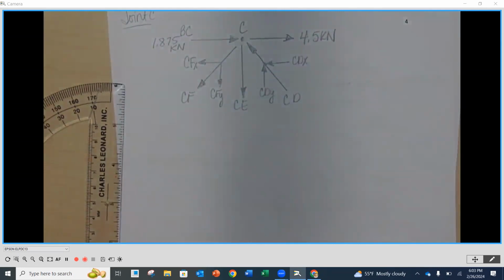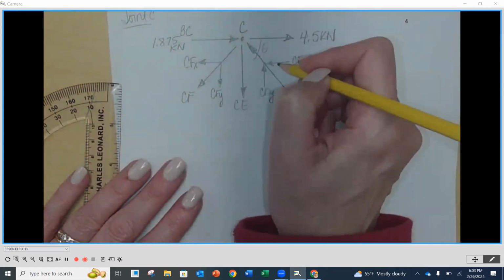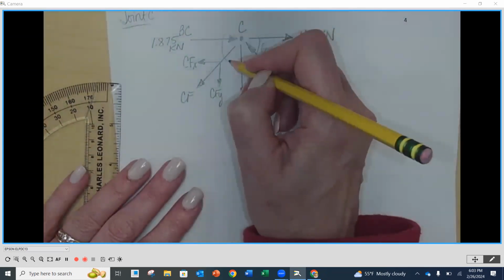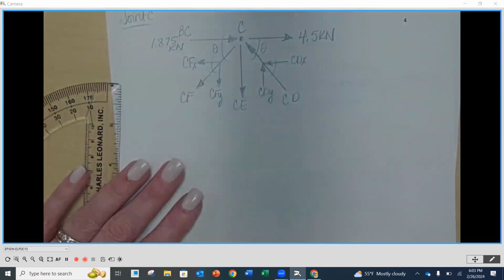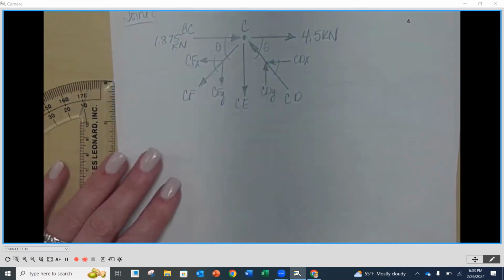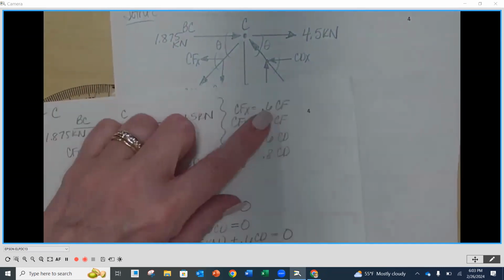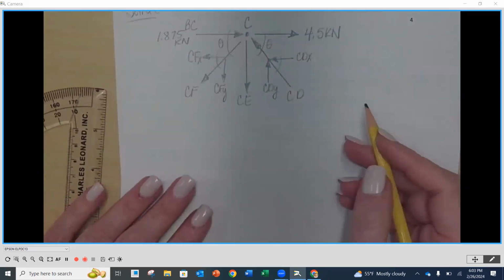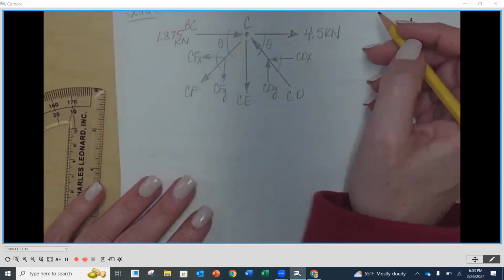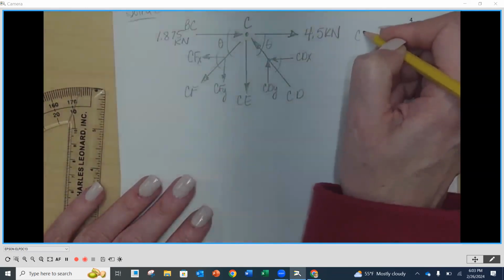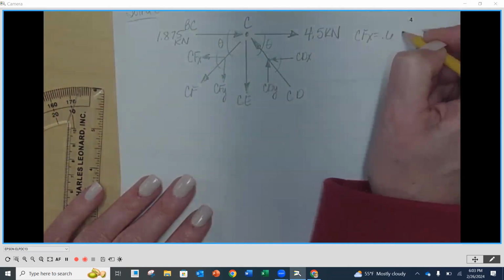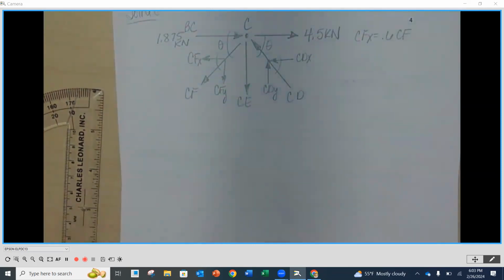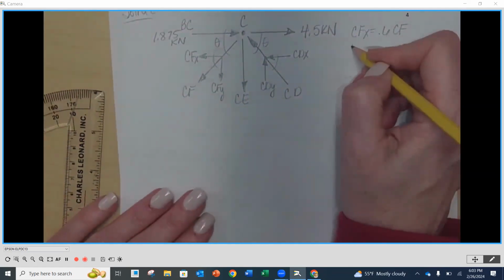Now, the other thing we need to recognize here is we have some x and y components, right? So we have that theta would be here, which will be this angle there. And we also have that same theta on this side, which is that one there. So for our x's, remember, we're going to use 0.6 times whatever the hypotenuse is. And for our y's, it's going to be 0.8. So we would say that our CFX is going to be equal to 0.6 times CF. You do not have to write that work out again because it's the same as what it was when we did it on our first joint.